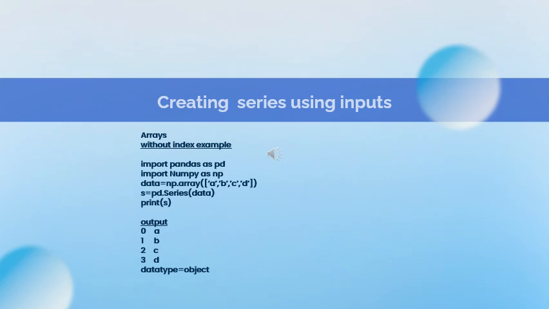I am printing the data. The output is in the index 0, 1, 2, 3, A, B, C, D is stored, and the data type is object. By default the index will be considered as 0, 1, 2, 3. If we give any specific index, then it will print the index value also.